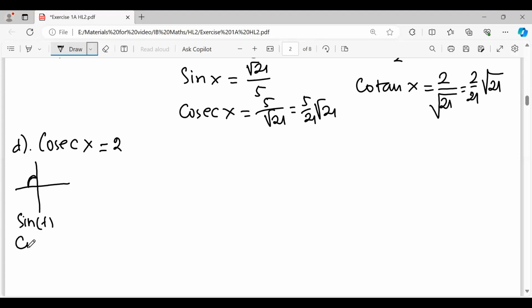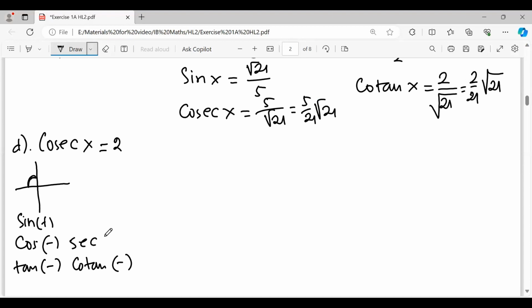Okay. Cosine negative. Tangent negative. Okay. Cotangent negative.